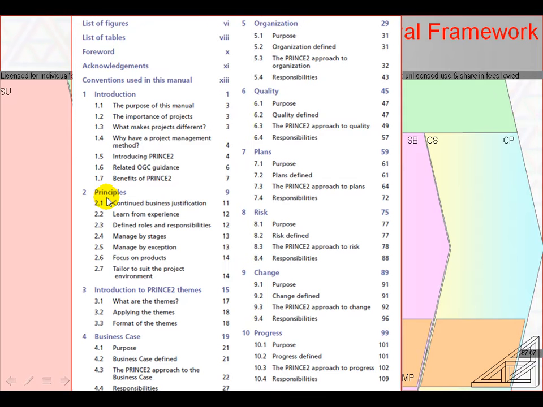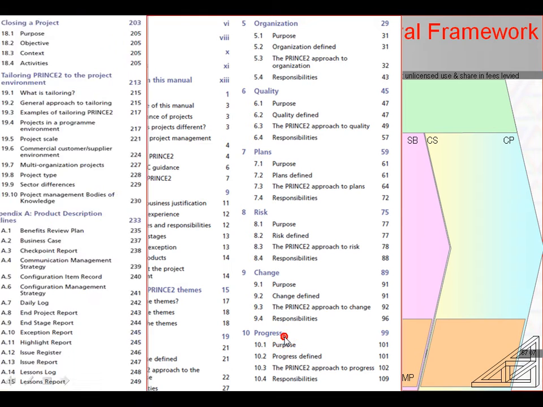The 7 principles are set out in chapter 2 of the official manual and covered exhaustively in this section of the videos. Then there are the 7 themes, which start with an introduction, what is a theme, and then go through business case, organisation, quality, plans, risk, change and progress. Those are the 7 themes.